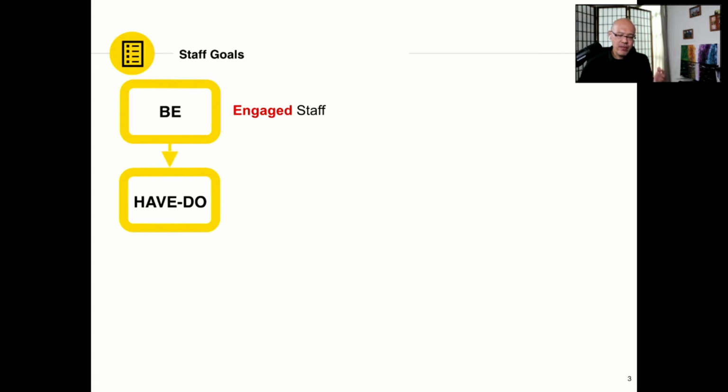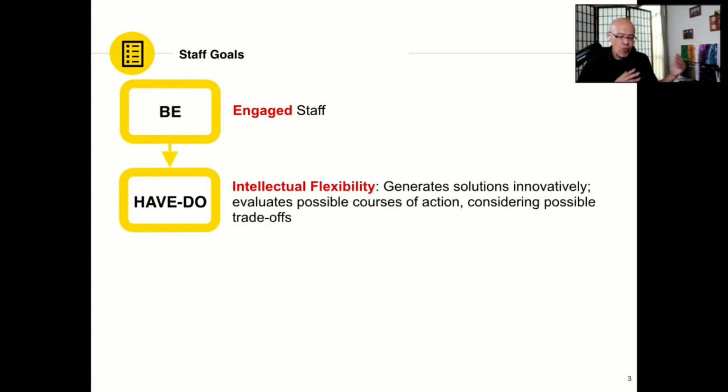The way to think about it again is to use the have and do. The words in red are the have, and the words in black are the do's. So we want our staff to have intellectual flexibility. What does that look like when they have intellectual flexibility? Well, it looks like they are able to generate solutions innovatively, evaluate possible courses of action, and even consider possible trade-offs.